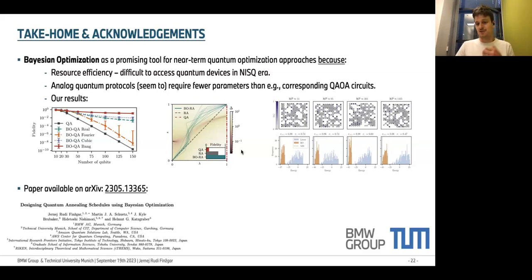I think, first of all, even just reusing a schedule that one has found for another graph instance could be interesting. But more than that, tailoring your ansatz towards some pre-known gap profile could make it easier for Bayesian optimization, or for any optimizer for that matter, to learn.